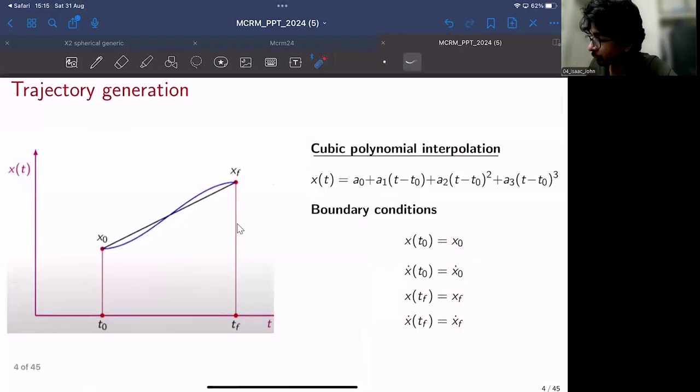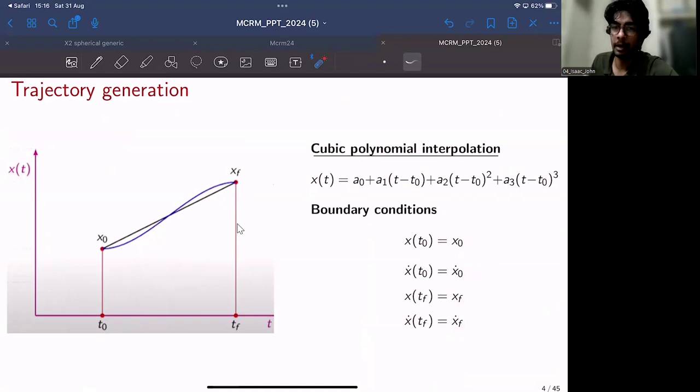And we should also note that we can only support boundary conditions up to velocity. Position and velocity at the initial point, positions and velocities at the final point. We cannot support any requirements or conditions on accelerations. For that, we may need to go for higher order polynomials. For the time being, if you are using a cubic polynomial, we can satisfy our constraints on initial position, initial velocity, final position, and final velocity.